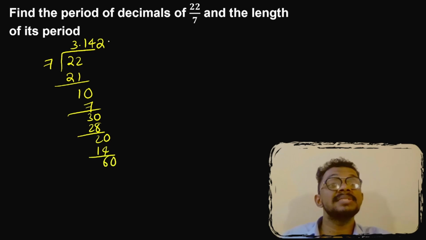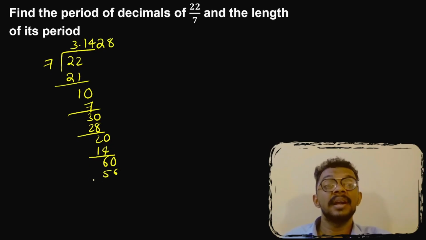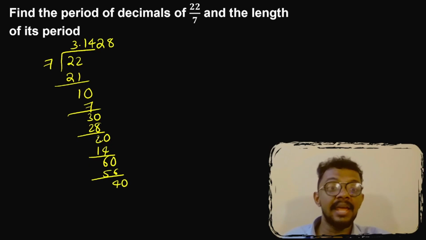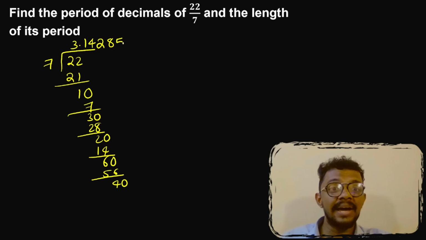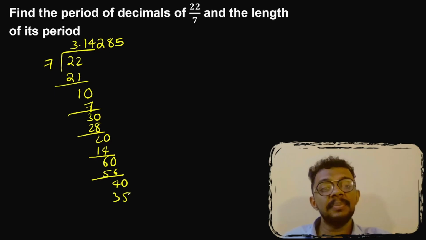In 60, how many 7s are there? 8. 8 into 7, 56. Remainder 4. In 40, how many 7s are there? 7, 14, 21, 28, 35, 42. So it is 5. 5 into 7, 35. Remainder 5.